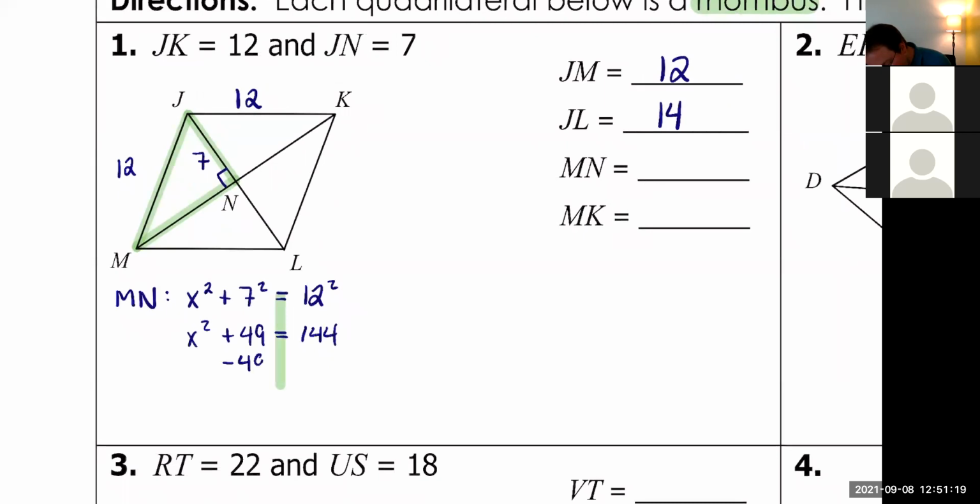Subtract 49 from both sides. I believe we get 95. So x squared equals 95. And then how do we find x? Take the square root, absolutely.